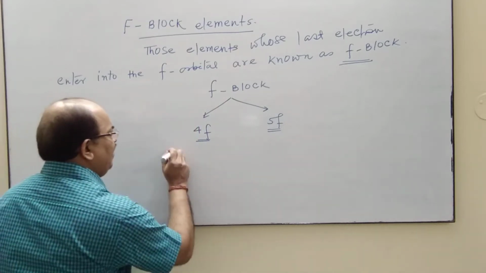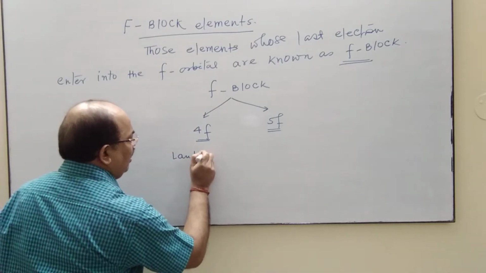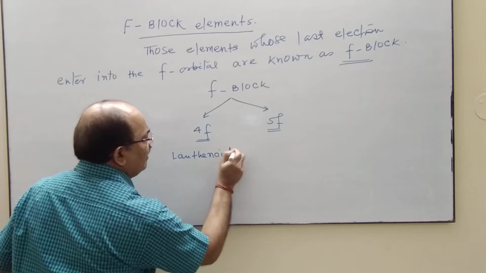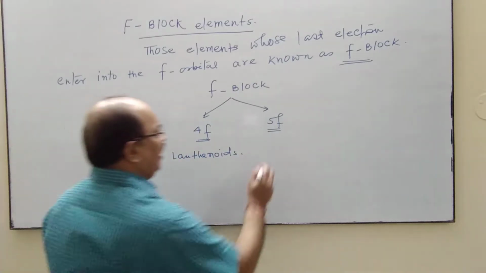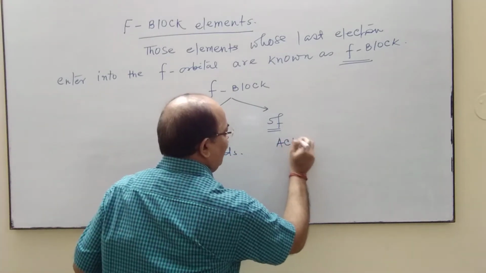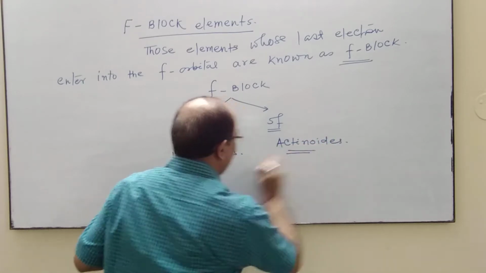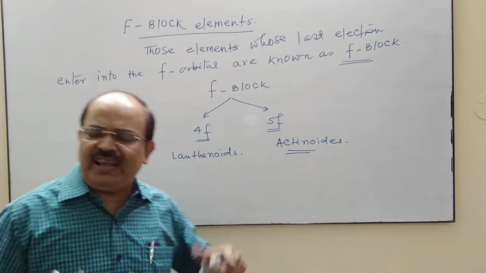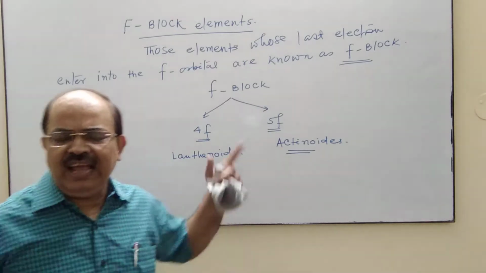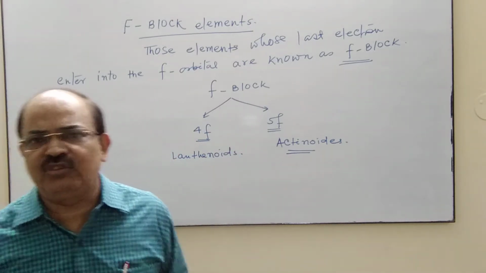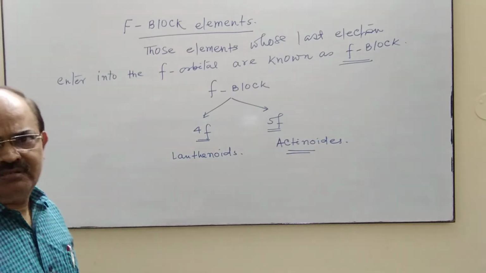These 4f elements are known as lanthanoids, while 5f elements are known as actinoids. Lanthanoid is also known as lanthanide, and actinoids are also known as actinide.